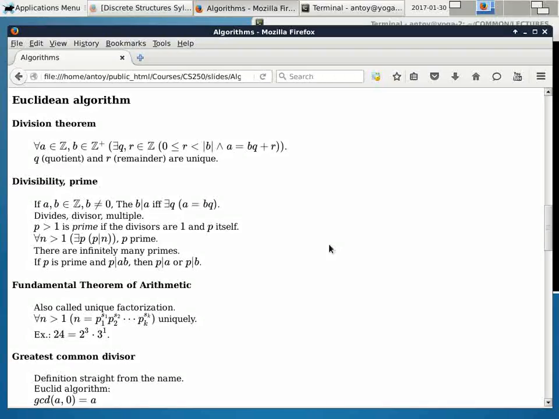The sign doesn't really play any role. So we have A and B, and it says, look, no matter how you pick A and B, B cannot be 0. B is positive here. You can find two numbers, Q and R, that satisfy that condition. R is between 0 and B, and A is equal to B times Q plus R.